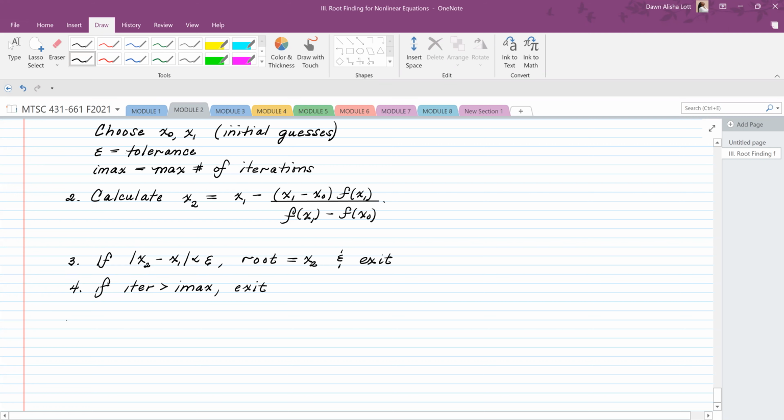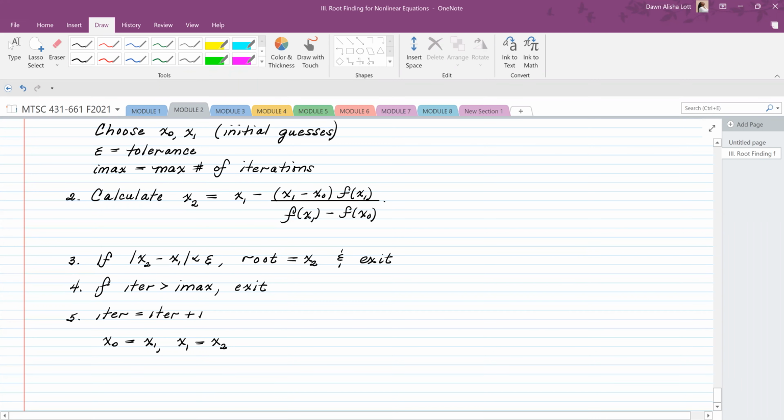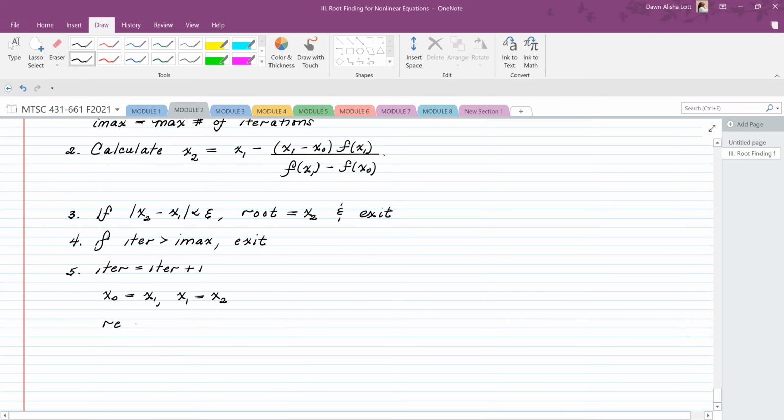If that hasn't happened, we let iter equal iter plus 1. Now we have to shift. We let x0 be x1, and then let x1 be x2, and it must be done in that order. Then we return to step 2. So that is the algorithm.